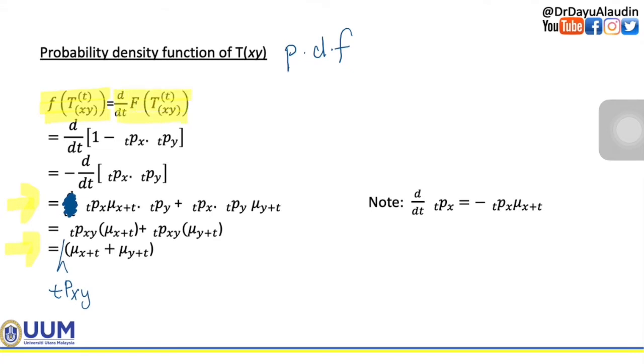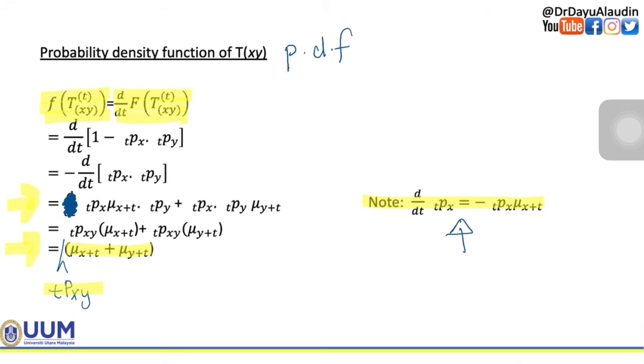After we differentiate, it becomes tPxy times mu x plus t plus mu y plus t. You can check the side note where the differentiation of tPx equals negative tPx mu x plus t. We already covered this in the previous course.